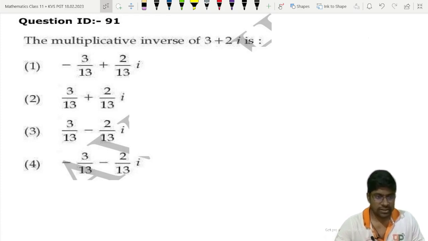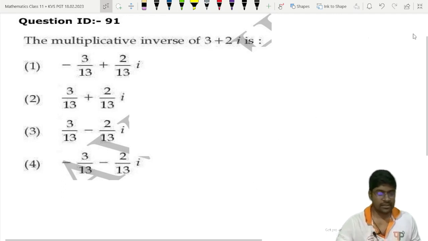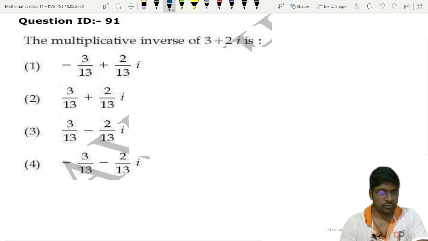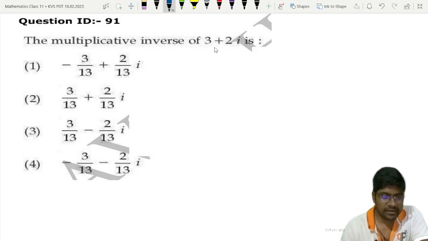Now the first question, question number 91, is on the screen. You can see that it is a very easy question. We have to find the multiplicative inverse of 3 plus 2i.